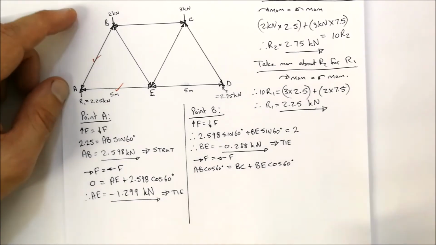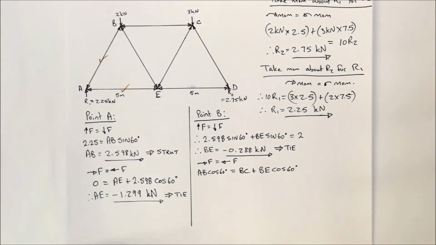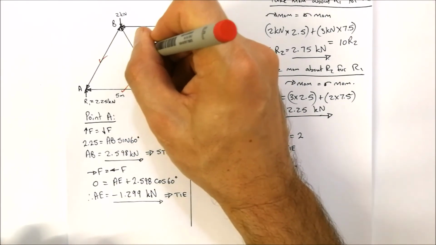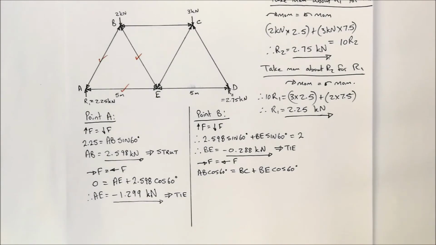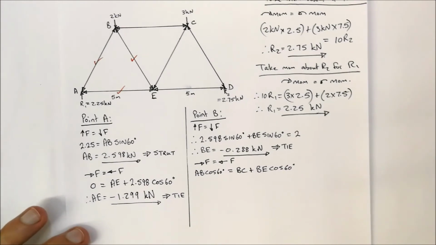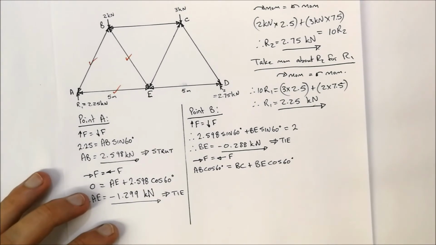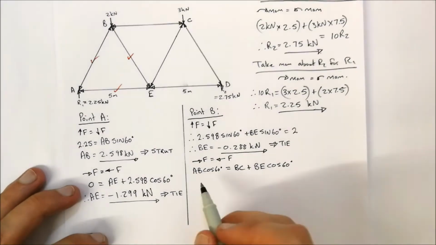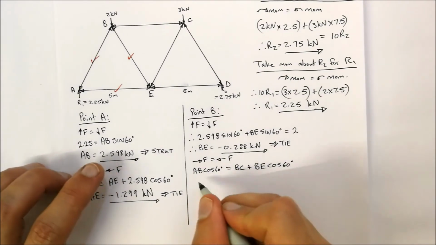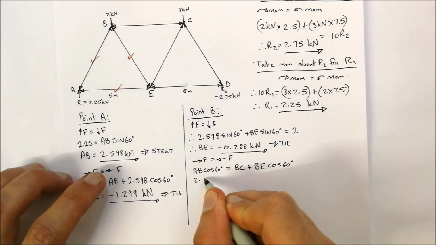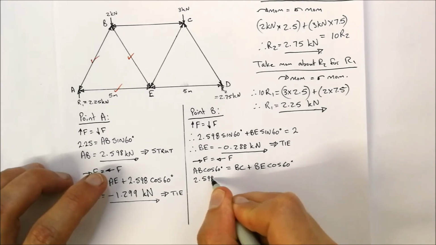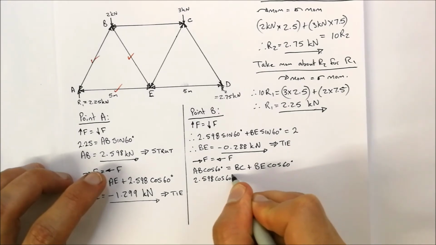Okay, now remember we've already calculated what BE is, so I can tick off that beam over there. We know what that value is. So now that we've done that, AB is equal to 2.598 cos of 60 degrees.